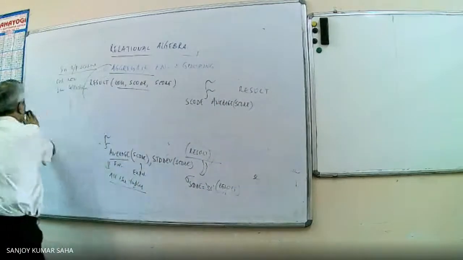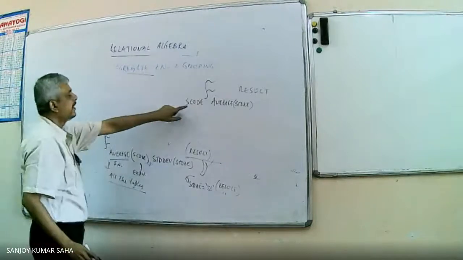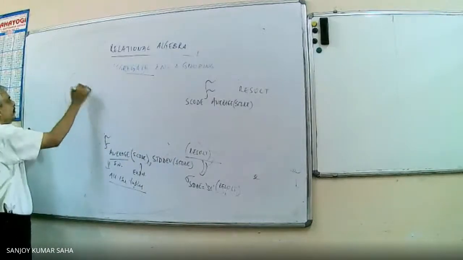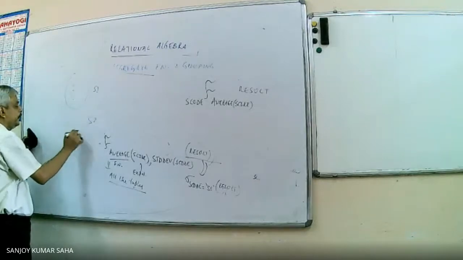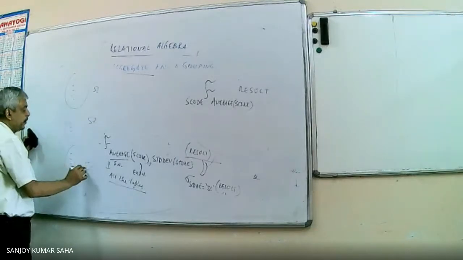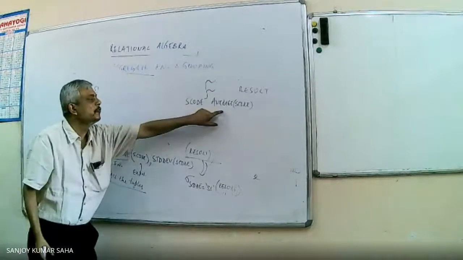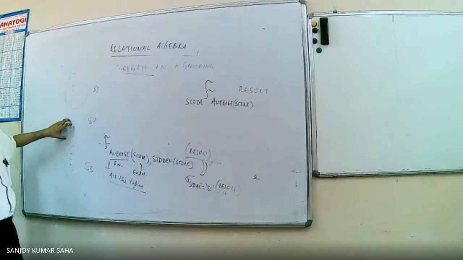So now it understands that the tuples are to be grouped based on the subject code. All the tuples of S1 will form a group, all the tuples of S2 will form a group, S3 will form a group, like that. Now this aggregate function will act on the individual group.